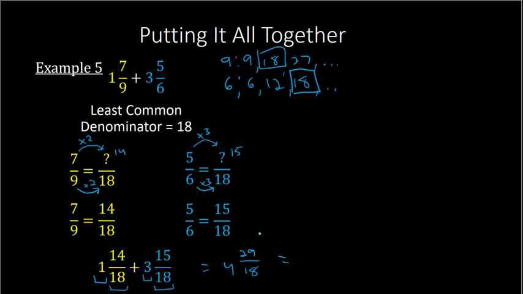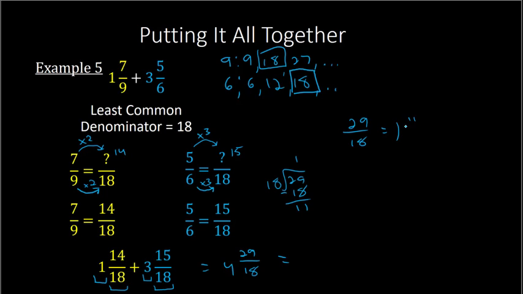Now notice again that we can take this further, because 29 over 18 is an improper fraction. So what I need to do is write this as a mixed number. If we divide 29 by 18, 18 goes into 29 one time, and the remainder is going to be 11.